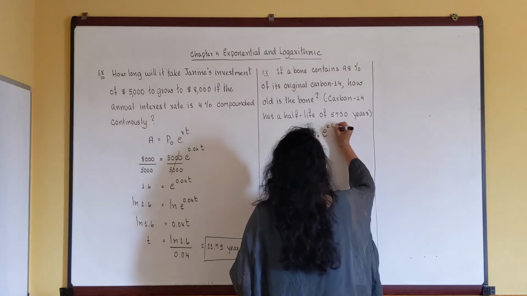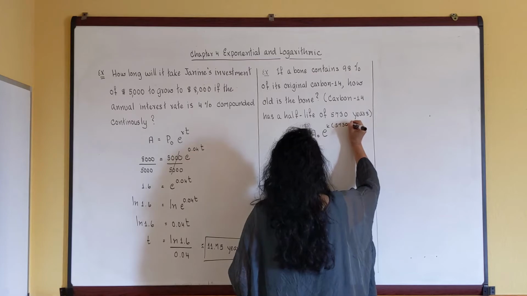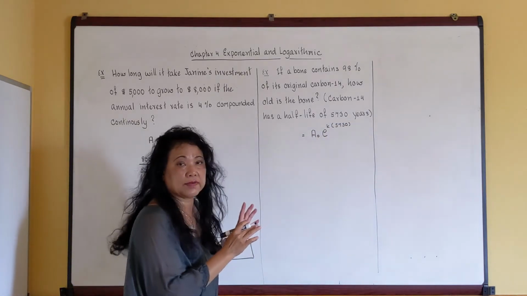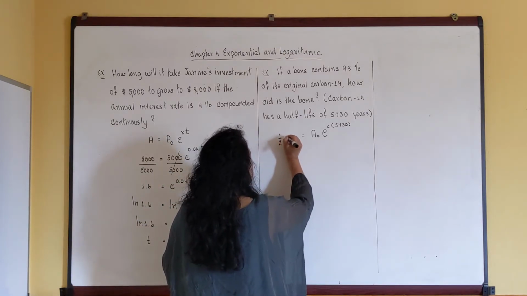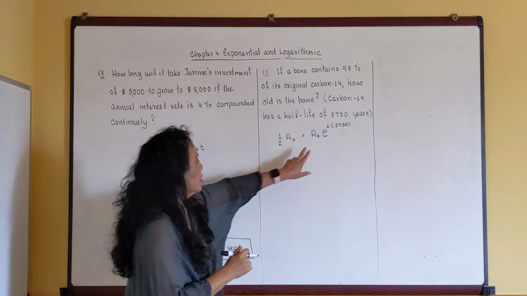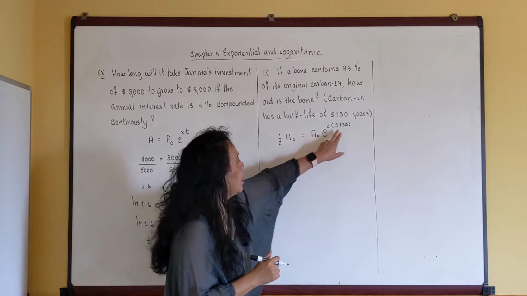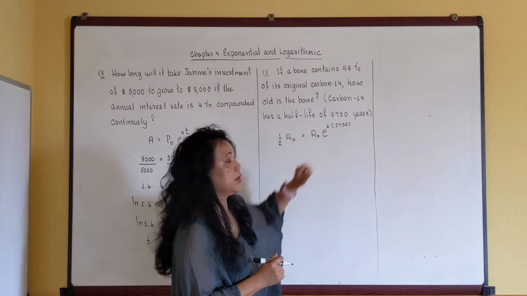And the time, we know that the time is 5,730 years. The bone will be only half left. So whatever this amount is, you're going to have half left. So that would be the equation: the original, and then you're going to have half left after 5,730 years, and we don't know the k.